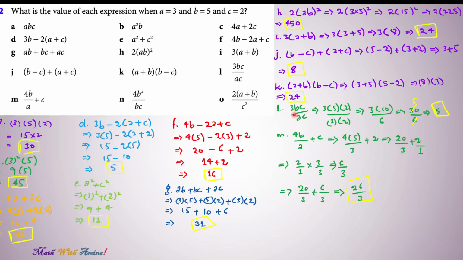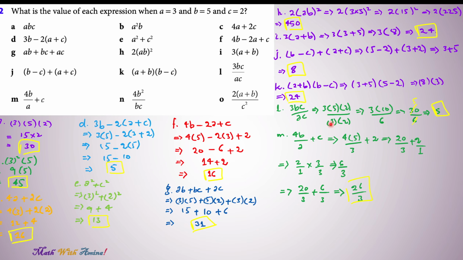The next expression is 3bc over ac. So again plugging in the values of the variables, it becomes 3 into 5 multiplied by 2 over 3 multiplied by 2. So 5 multiplied by 2 is equal to 10. 10 multiplied by 3 is equal to 30.